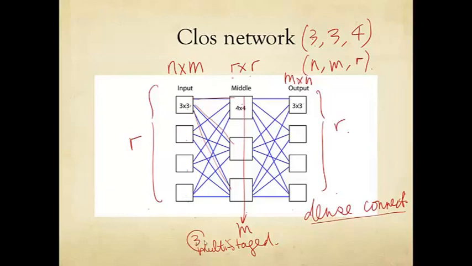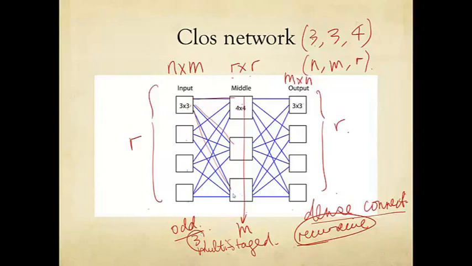You can actually have any odd number of stages. One would be too much of a trivial case. Otherwise, you can have 5 stages, for example, 7, 9 stages. In fact, in the example coming up, we'll see recursively expanding a Clos network. By adding more stages, you can reduce the size of each stage switch.